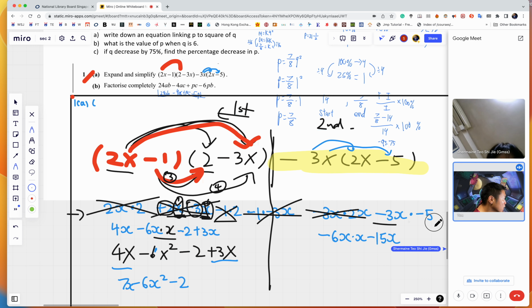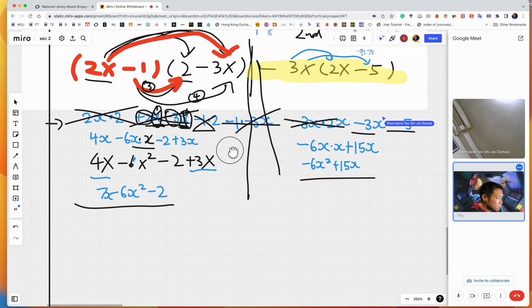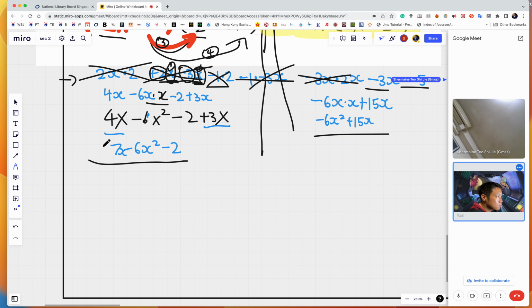Do you use calculator? Why you use your brain? Or you can use your calculator. Can you simplify? Correct. So now this one and this one combine. Put them together. So this one and this one combine together.